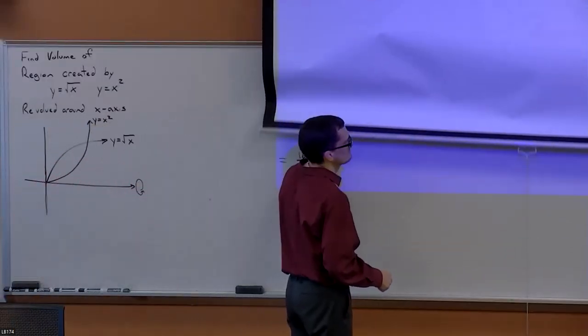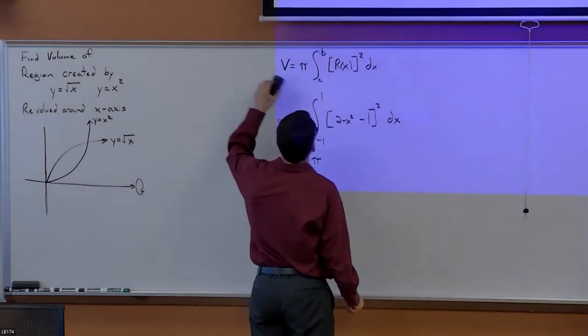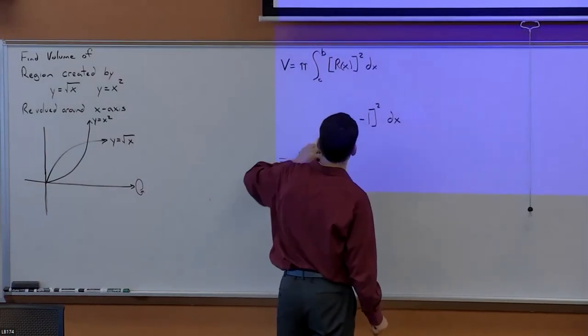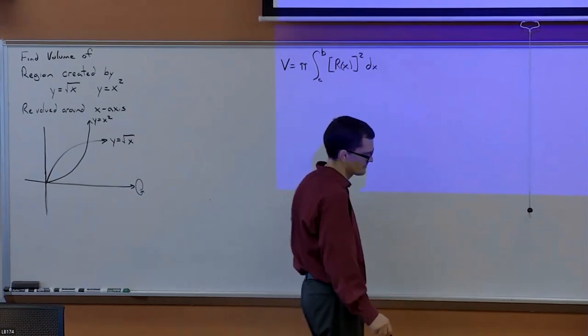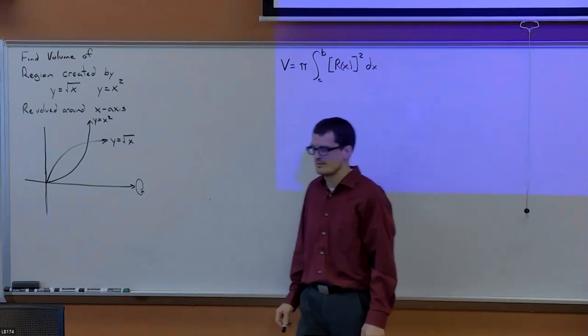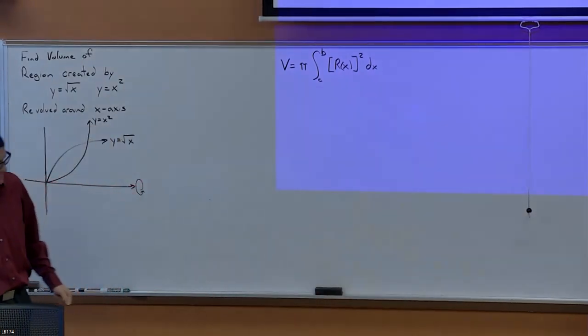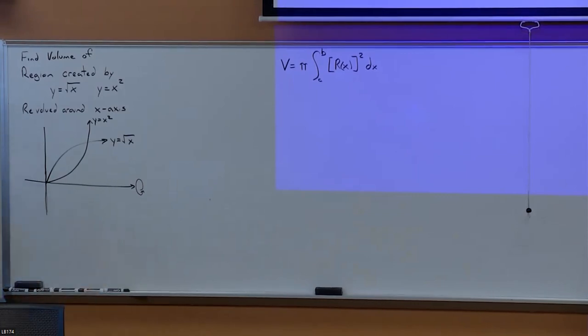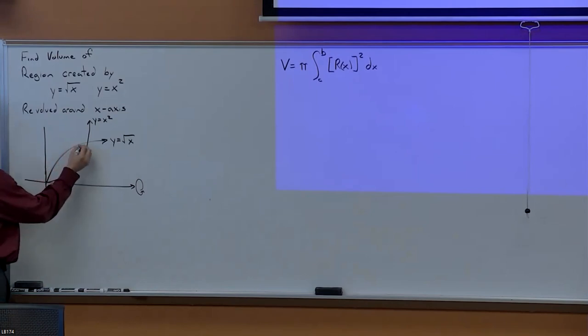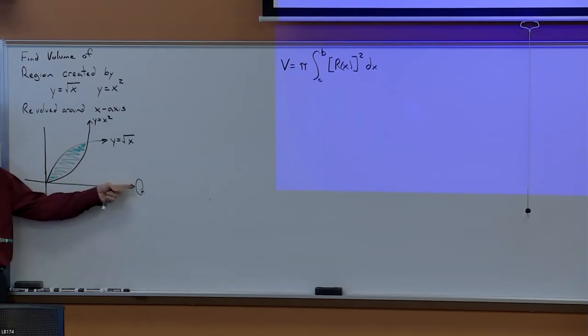Now, you can graph this on your calculator. You can do whatever you want to figure out what the region looks like. But the region is this region in here. And we're revolving around the x-axis.